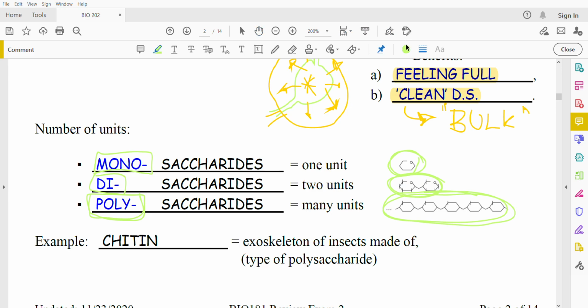So you remember chitin was our example of a polysaccharide. Usually insects and all these kind of little bugs have their exoskeleton made of chitin. So chitin is this hard polymer of carbohydrates.